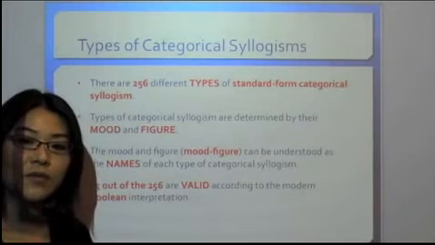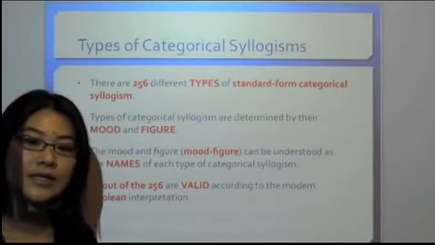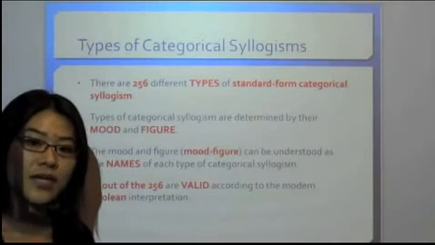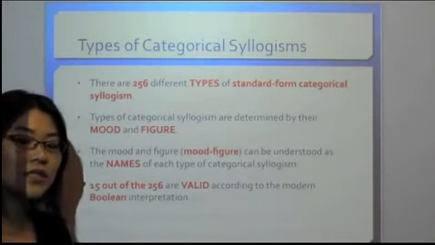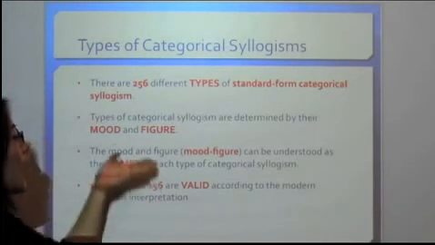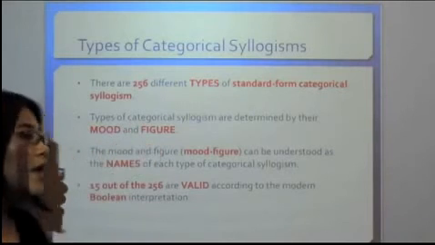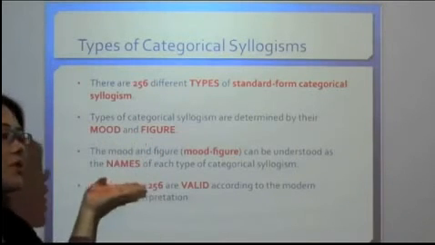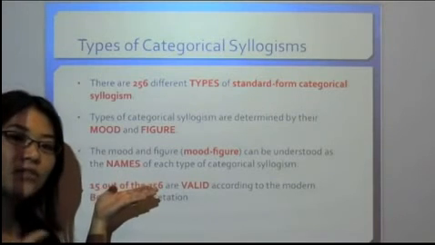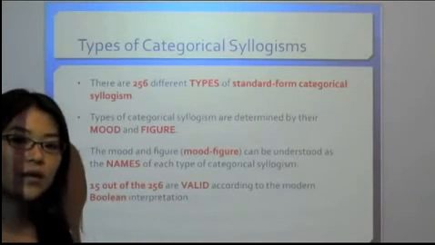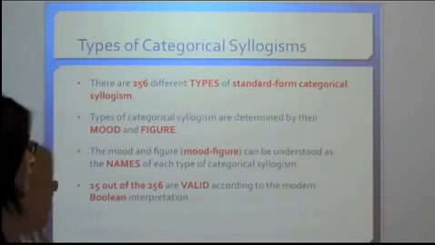Each of them represents a different pattern of reasoning that a standard form categorical syllogism can take. Each of these forms has a mood and figure, and the mood and the figure determine the name of that specific form, that specific pattern of reasoning.